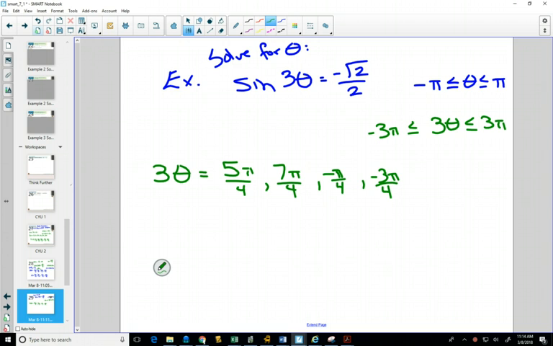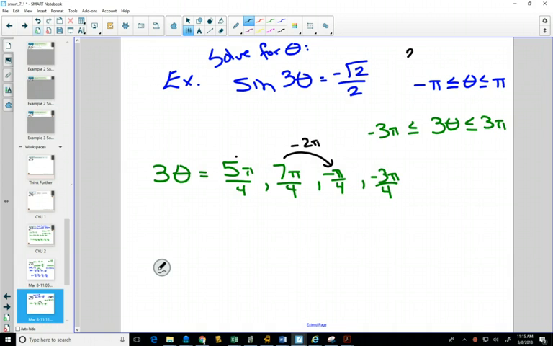Another way you could think about negative angles is if I go from 7 pi over 4 in quadrant 4 to negative, if I want to go back one direction, I would have to subtract 2 pi.